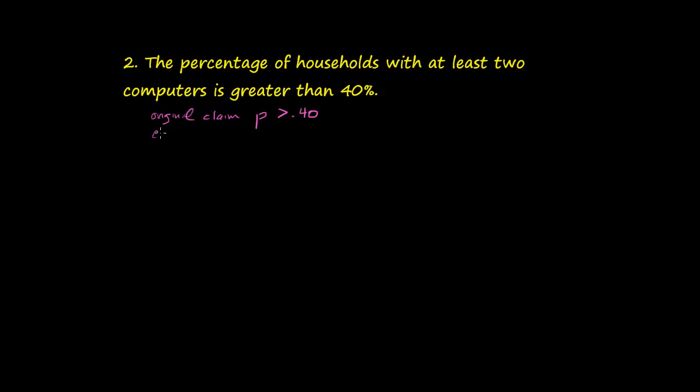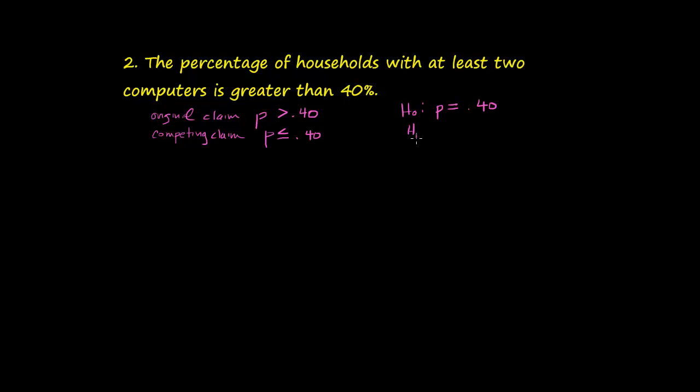So the competing claim, P less than or equal to 0.40. Null hypothesis, P is equal to 0.40.